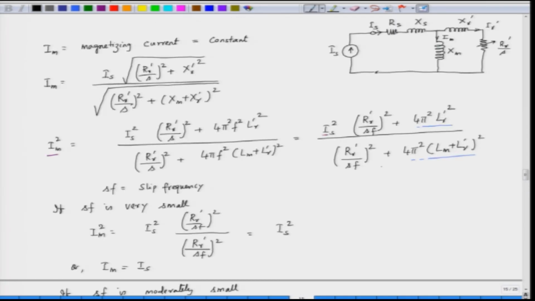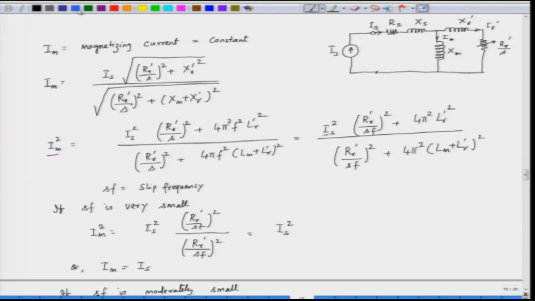Okay. Now, let us see what happens if Sf is moderately small. If it is moderately small, we can neglect this quantity.